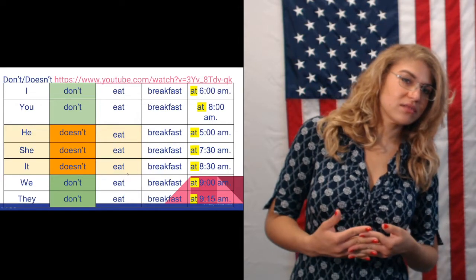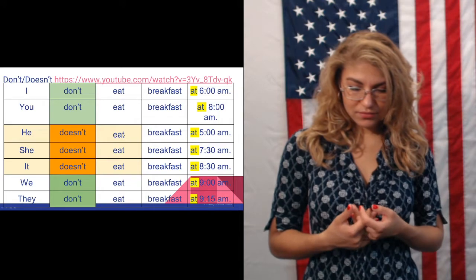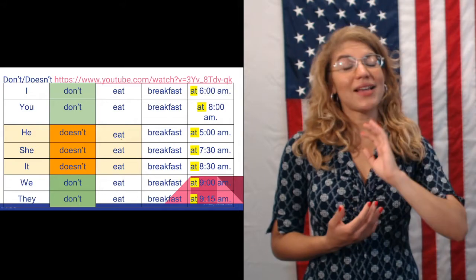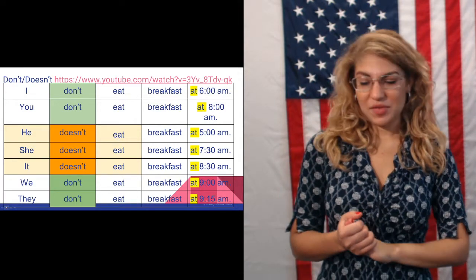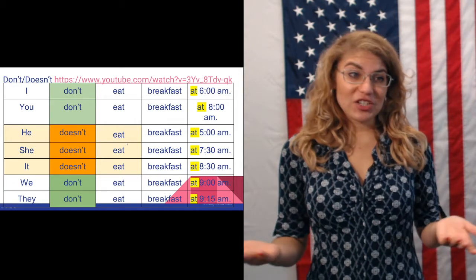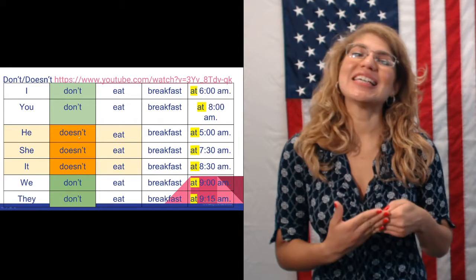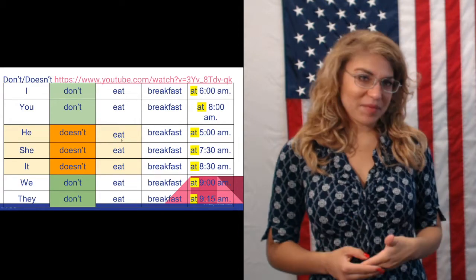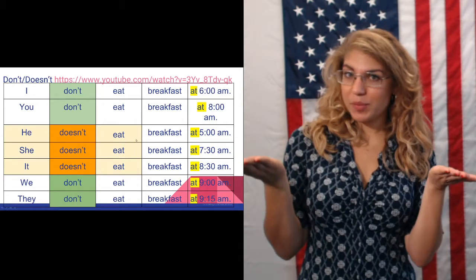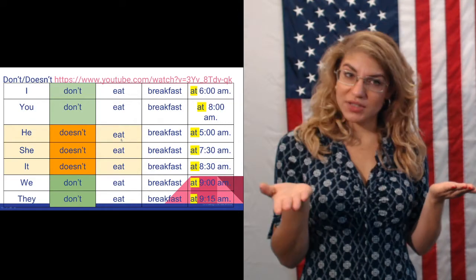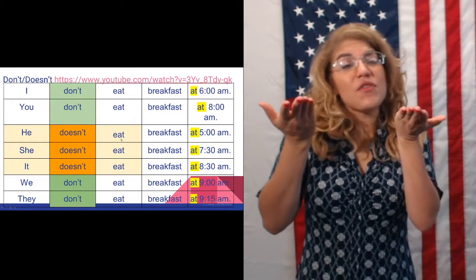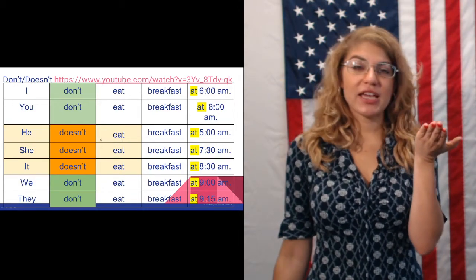Is that okay? We're good? Maybe, did you already mention the eat stays, that the S doesn't change? Yes, I did. But let's repeat that because that's a good point. Evie is mentioning that the verb eat will remain the same. When we have one auxiliary and one verb, we will always change our auxiliary first, and the verb will remain the same. If you have only the verb, you change the verb.